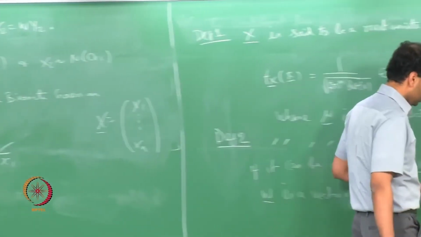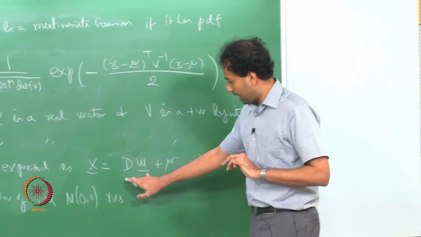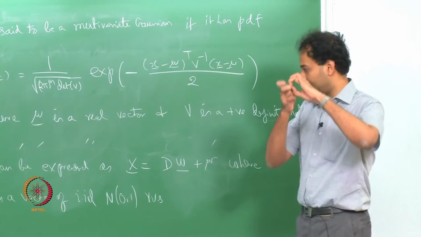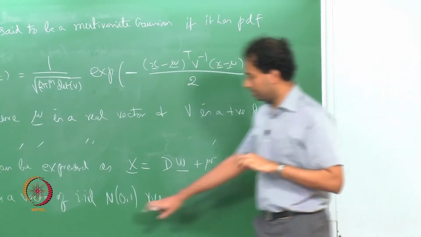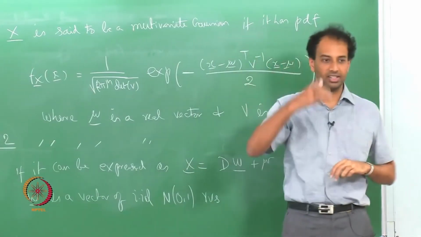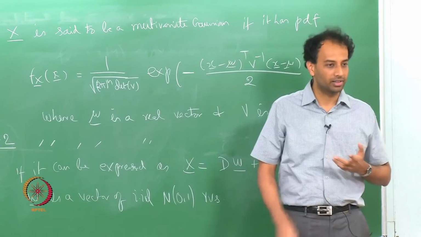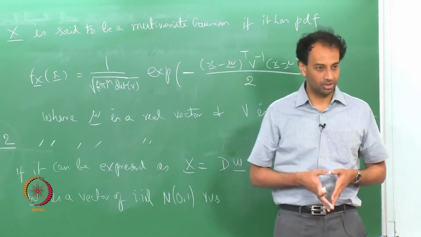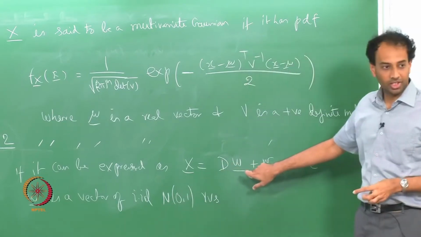You say that X is a multivariate Gaussian if it can be obtained by an affine transformation of an IID Gaussian vector. This W is something you can perfectly understand: each of the entries is standard Gaussian and they are all independent. W1, W2, ..., Wn are all IID N(0,1) random variables. You take that vector and perform this affine transformation on it.